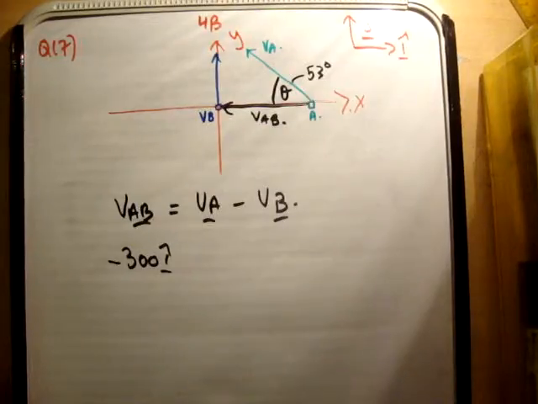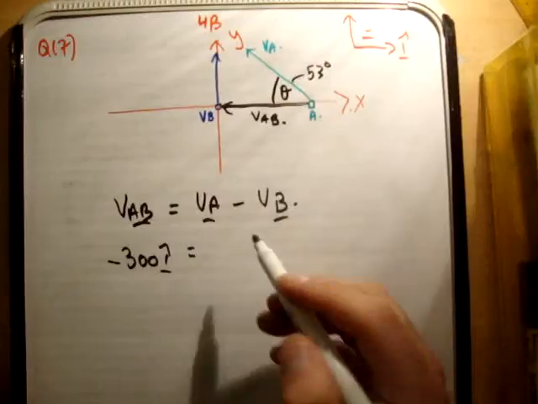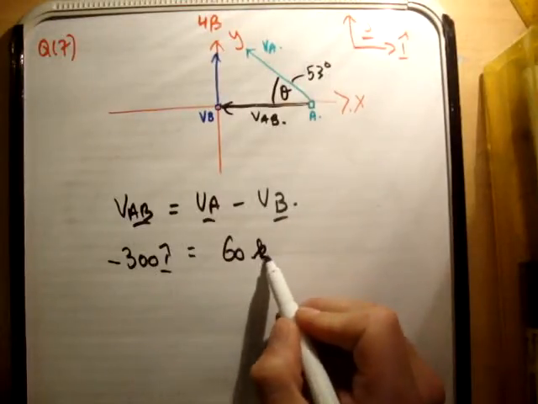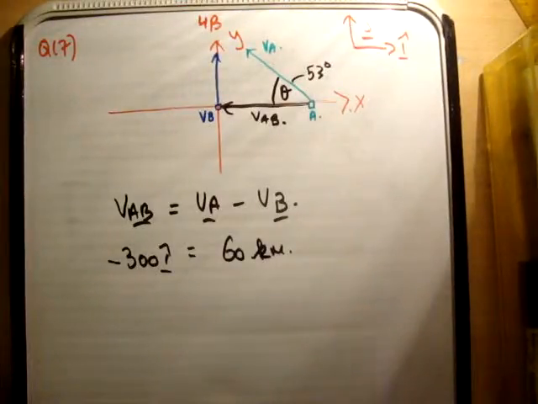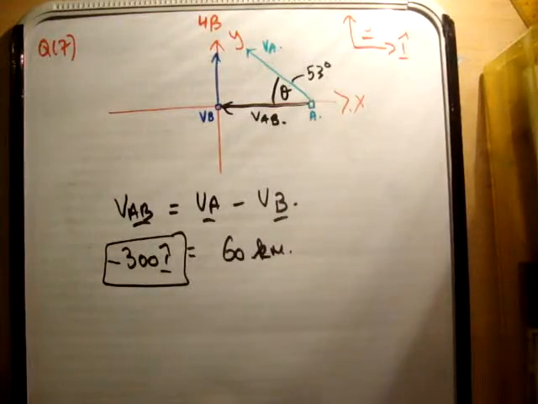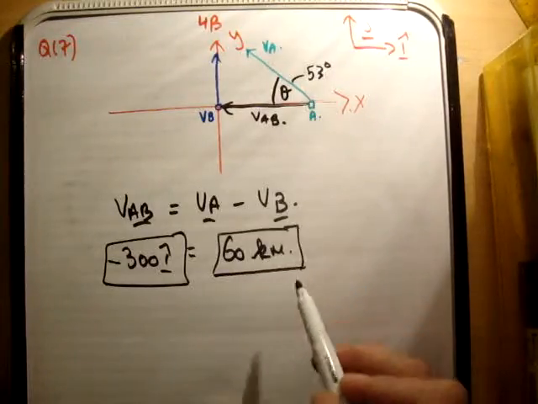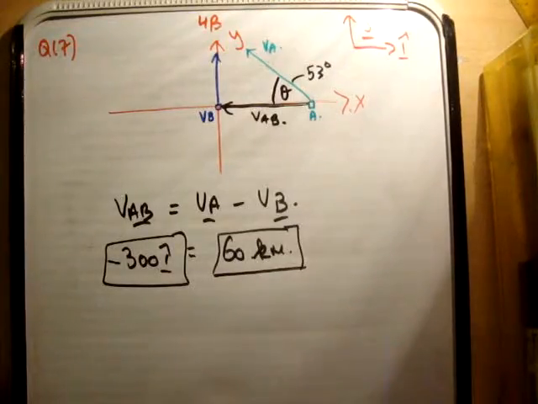So the distance, which is 60 kilometers, and we're given that, must be covered by something moving in the i hat unit vector direction, or the x-axis. Because it's an x-axis distance, it must be an x-axis velocity in order to cover it.